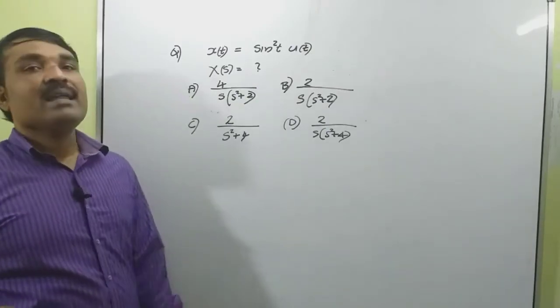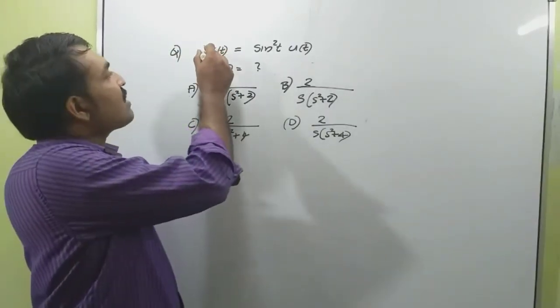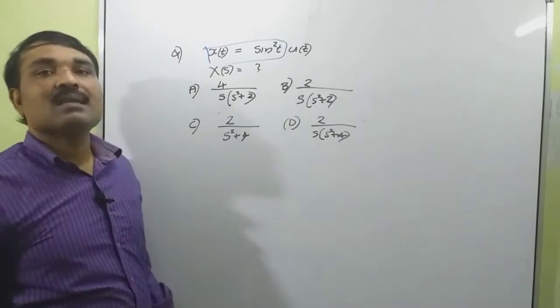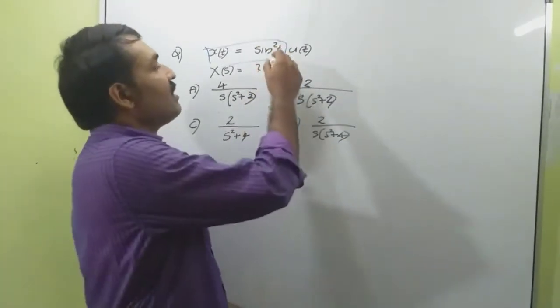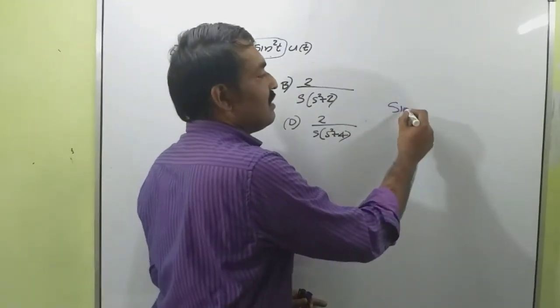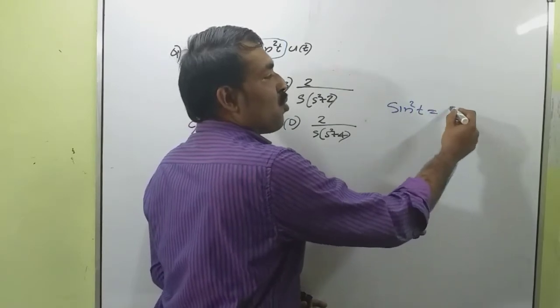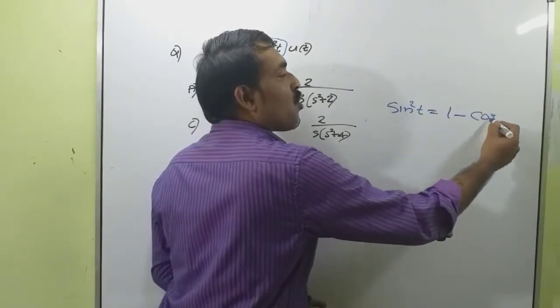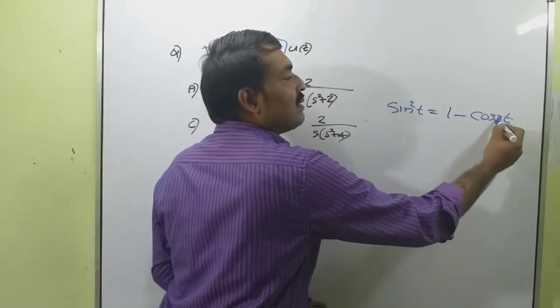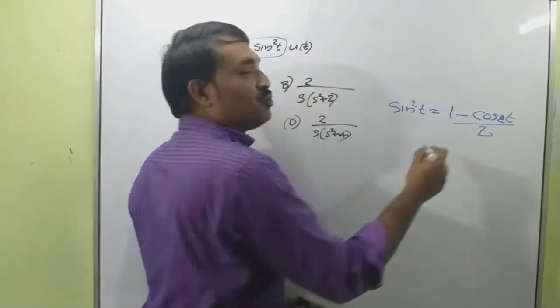So we want to find the Laplace transform of x of t is equal to sin square t. Okay, we can write sin square t is equal to 1 minus cos 2t divided by 2.